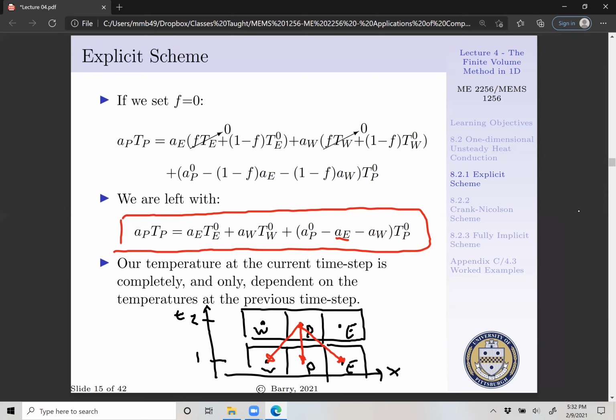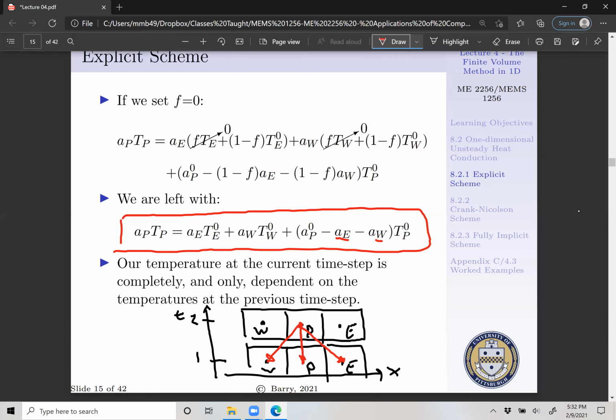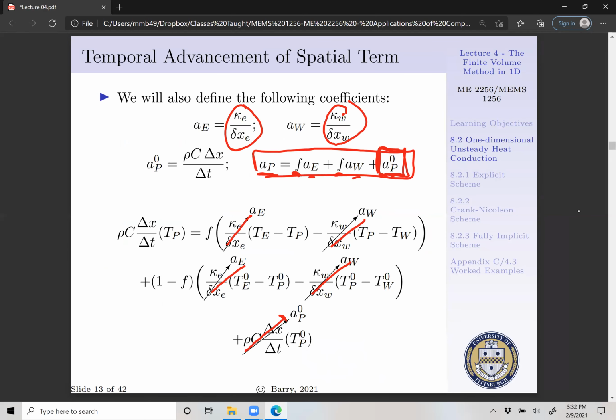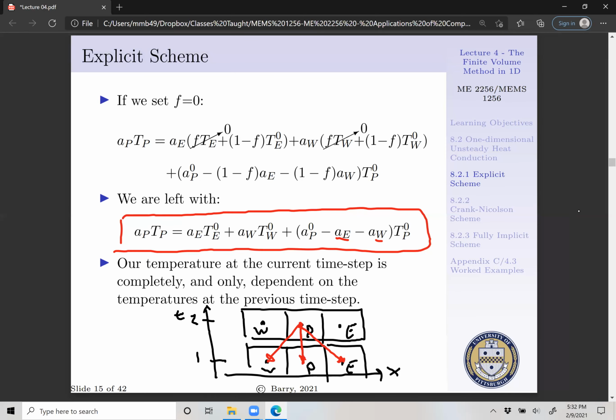Now notice this A east and A west, these coefficients, they are now being updated based upon our diffusivity and spacing. Now, we're not going to be able to determine those interfacial diffusivities if they are varying as a function of temperature. We're now assuming that gamma is constant, i.e. kappa, and our spacing.